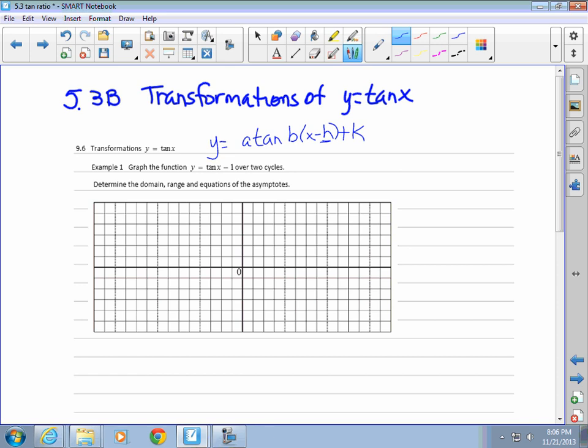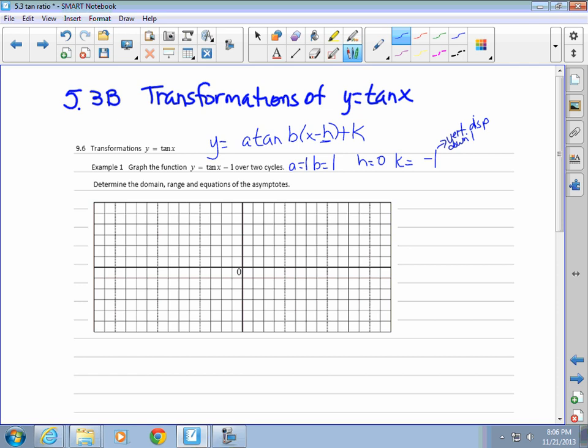So for this one, we have b is equal to 1, a is equal to 1, h is equal to 0, and k is equal to -1. So all this means is that we're going to have that vertical displacement. Oops, that should be displacement, so it's going down 1.